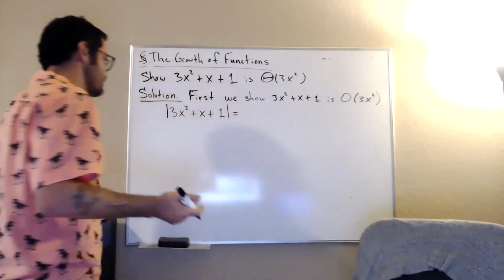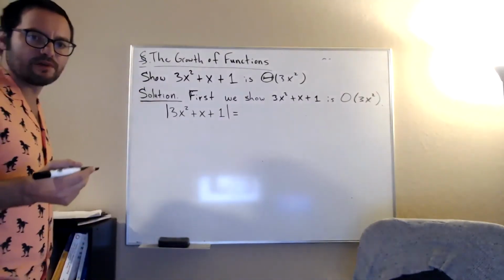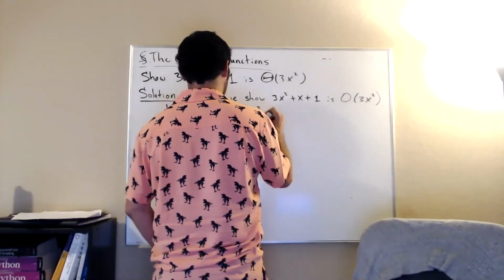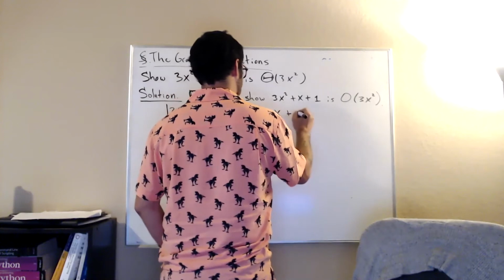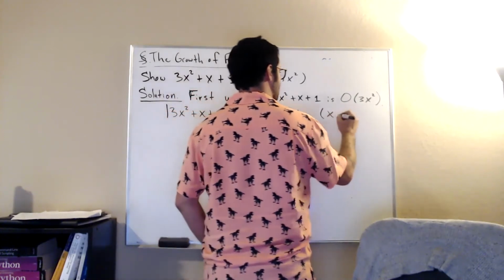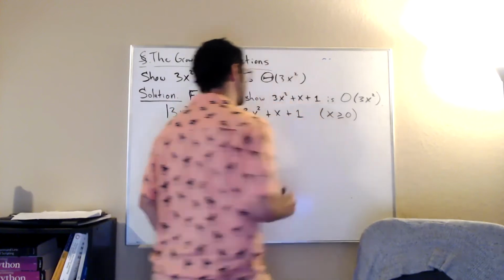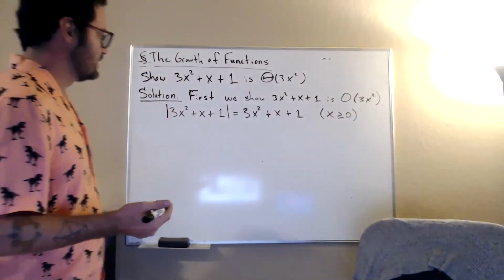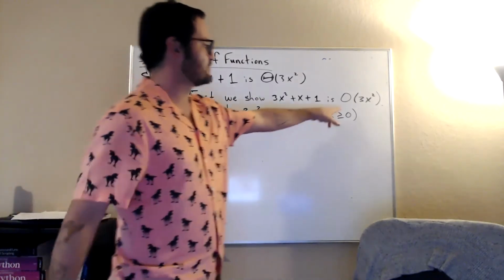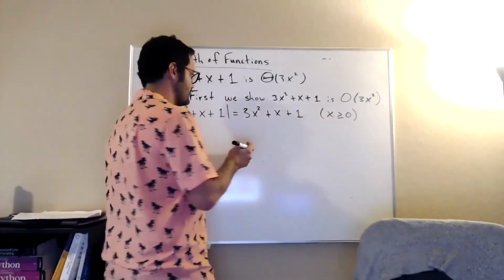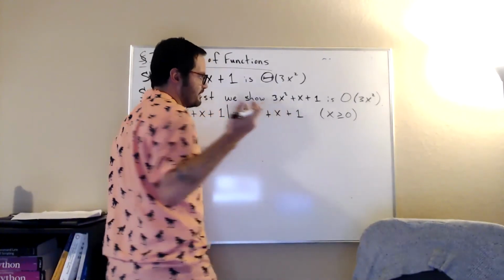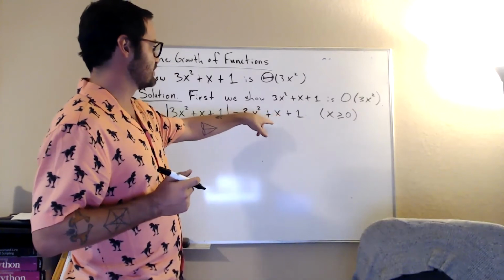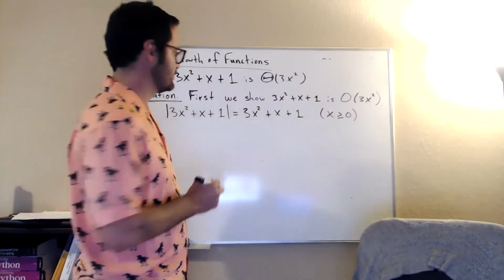Now again, if x is greater than or equal to 0, we can drop the absolute values here because this will be positive. But if we're looking to get an upper bound, since we're trying to show big O notation, we can say, if x is greater than or equal to 1, then x squared is greater than or equal to x, right?